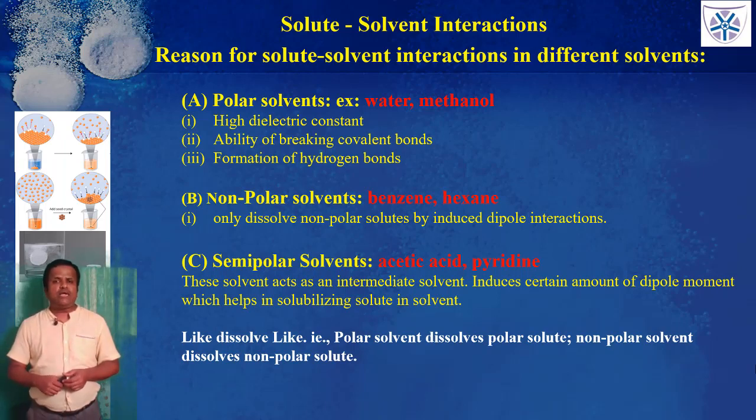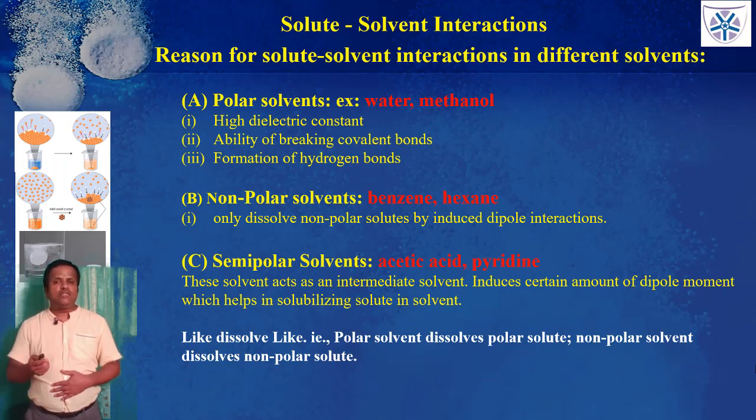So what kind of compound will dissolve in which kind of solvent? That means like dissolves like, the same kind of behavior component will like the same kind of behavior component, right? We can simply say like dissolves like, that is, polar solvent dissolves polar solid, non-polar solvent dissolves non-polar solid.